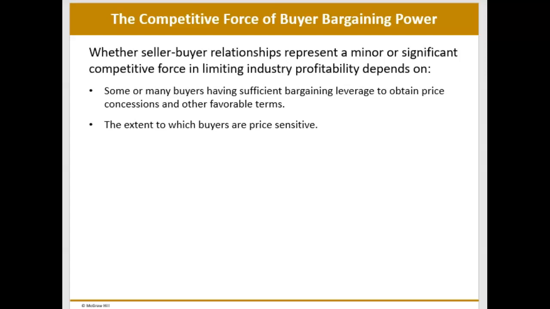One is the degree to which the buyers have bargaining power, and 2 is the extent to which the buyers are price sensitive. Buyers with strong bargaining power can limit an industry's profitability by demanding price concessions, better payment terms, and additional features and services that increase the members' costs.